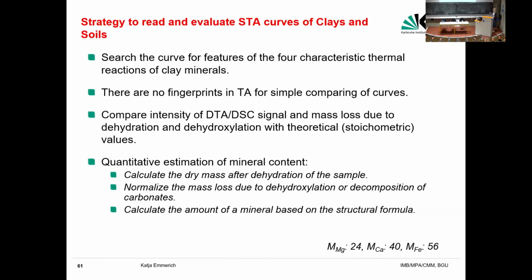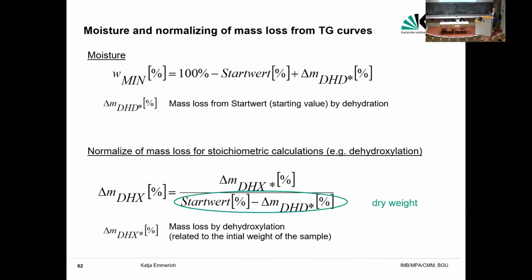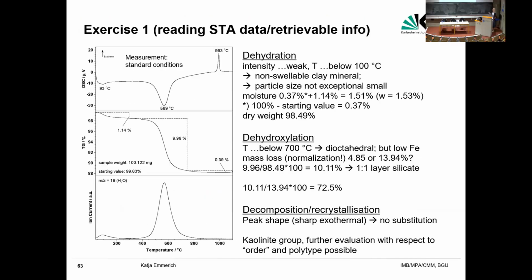And what is also important, you always have to make sure that you get a consistent interpretation of all the measured parameters. So if you see a mass loss, then the interpretation of your DSC curve should also be related to a reaction that involves a mass loss. This I will explain to you with an example.